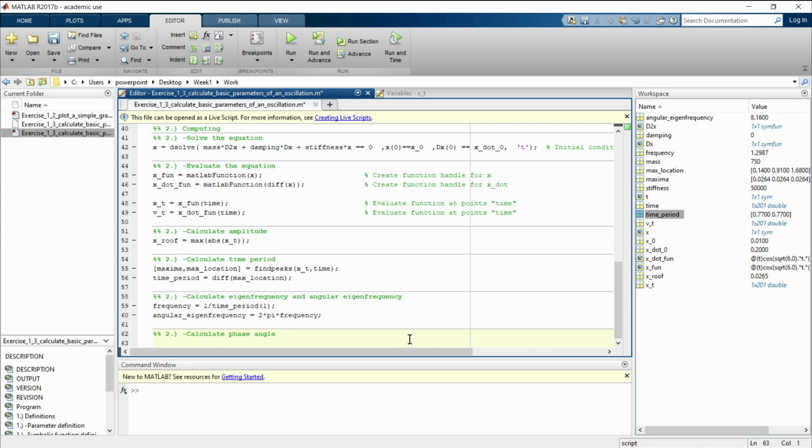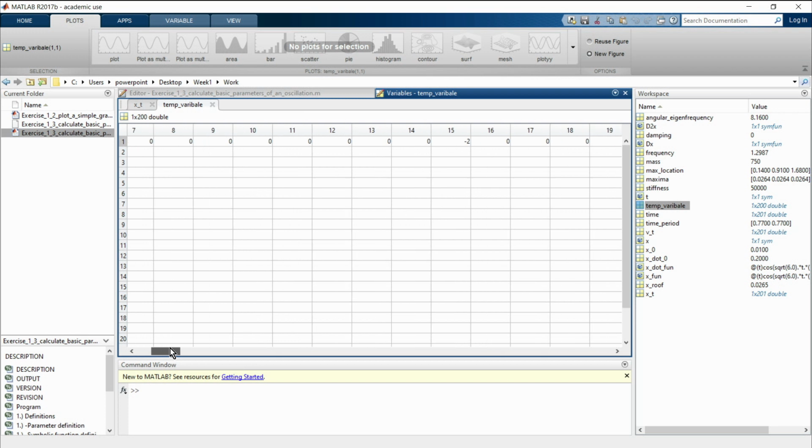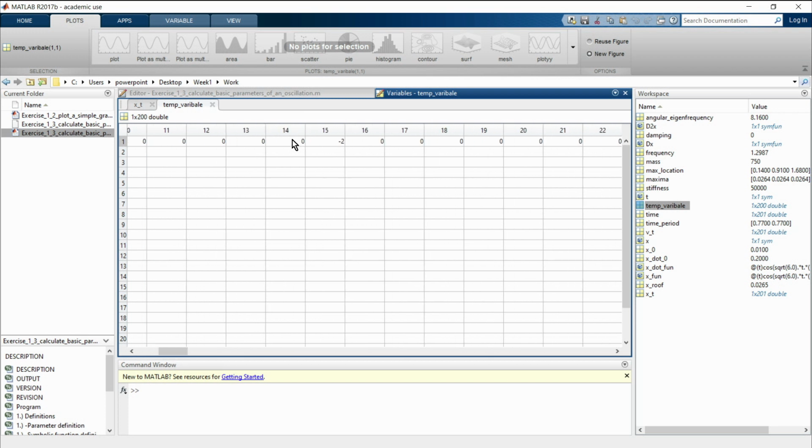First of all, we need a temp variable. Now we have a look at this temp variable. So you can see the temp variable is always 0, since we have the same sign of the velocity for these points.